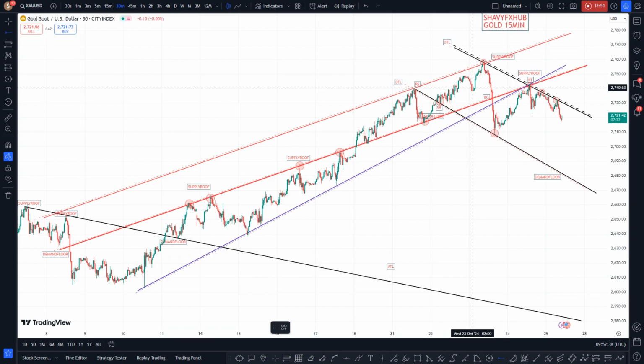Look at here. Here is a support structure. Here is a support structure. Price went up, came down, broke the structure. So if we track this, this is another slightly inclined resistance structure to upswing. We have the first test here. You can see it.